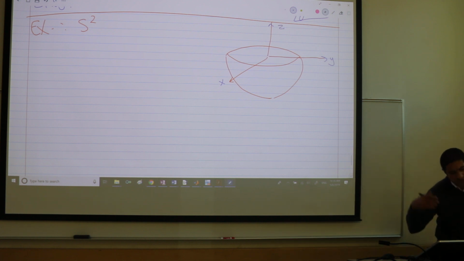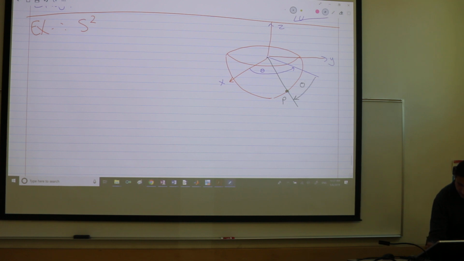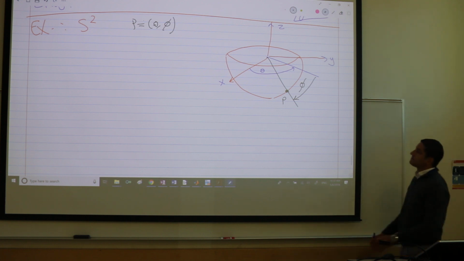Choose the coordinates you like. I will work here in spherical coordinates. So I have theta, and this is a point P on the sphere, with phi. So any P can be defined by theta and phi, right? At least locally.